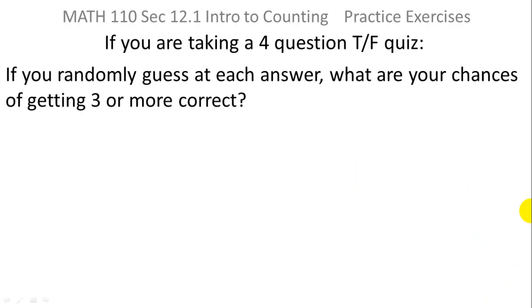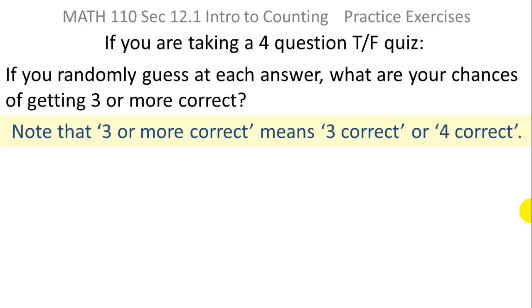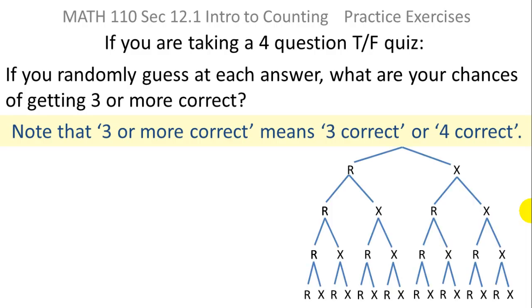And finally, if you randomly guess at each answer, what are your chances of getting 3 or more correct? Now remember, 3 or more means you either get 3 correct or you get 4 correct. So porting over our strategy from the previous problems, if we look at the tree diagram, those 16 branches, we're looking for branches that have either 3 or 4 R's in them.